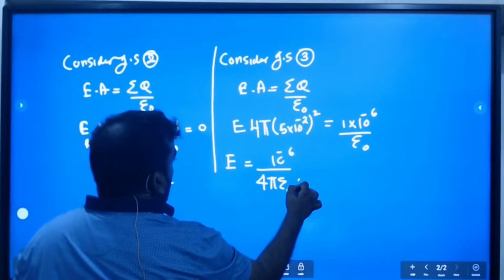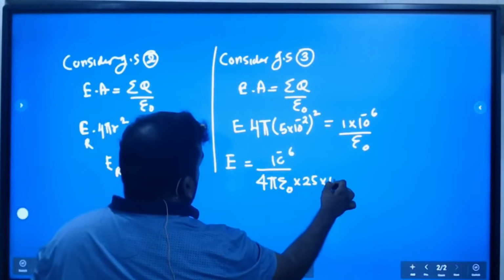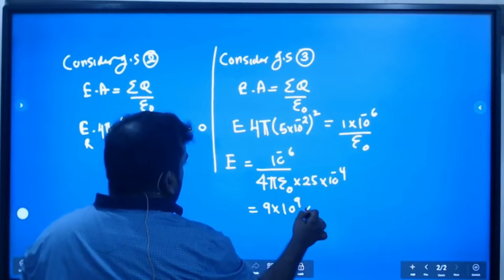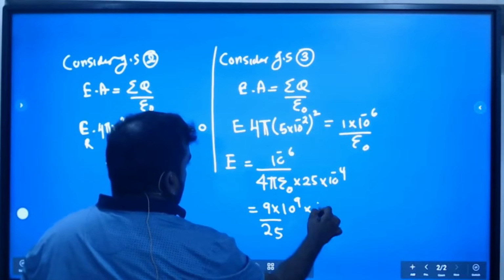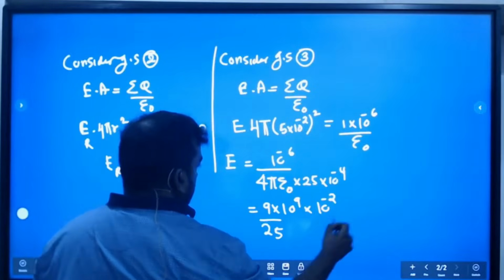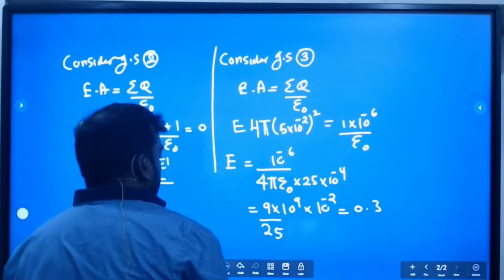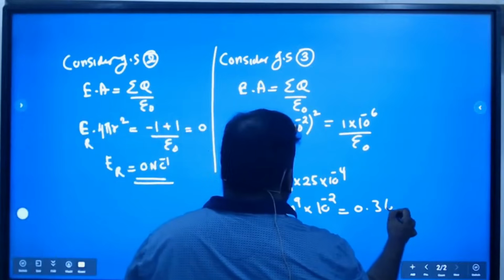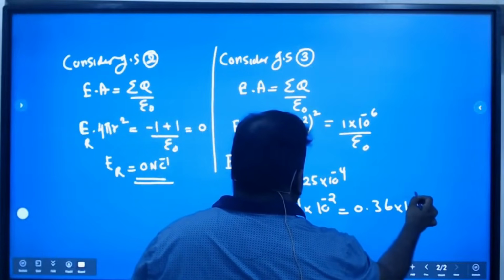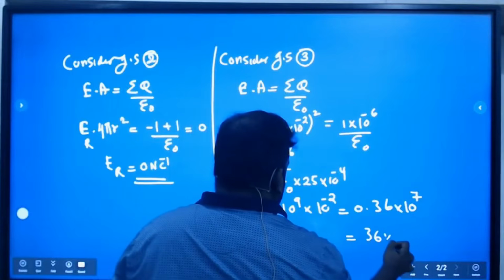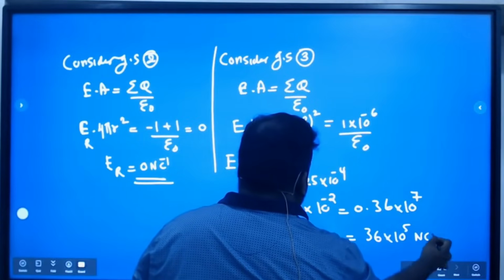4 pi epsilon naught is 1 over 9 times 10 to the power 9, times 25 times 10 to the power minus 4. 0.90 you have 3, 150 you have 6, times 10 to the power 7. 36 times 10 to the power 5 Newton per coulomb.